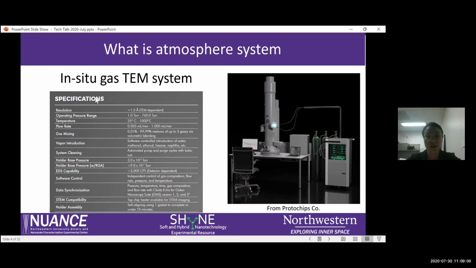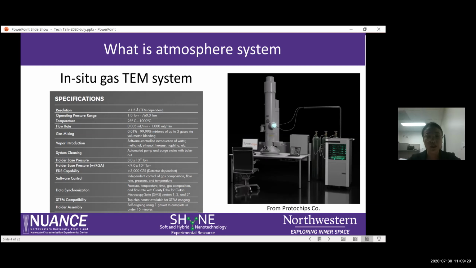These are the specifications of the gas system. Based on the microscope and the samples, the resolution can reach 0.5 angstrom. The pressure for the atmosphere system is from 1 torr to 760 torr, which is 1 atmosphere. It cannot go higher than 1 atmosphere because we have a silicon nitride window, and if the pressure is too high, it will break the window.